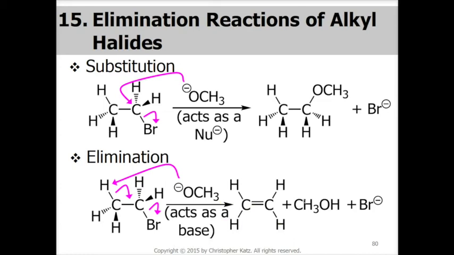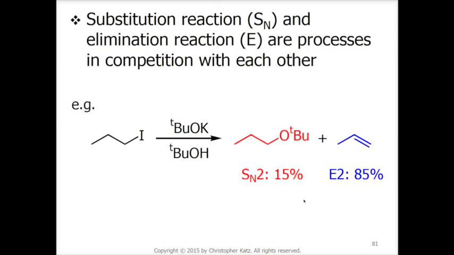And that is through the process of elimination. Now, elimination is always in competition with your substitution process, and that is a problem that we have to constantly deal with.